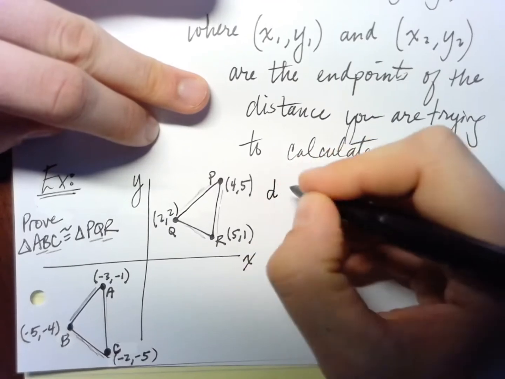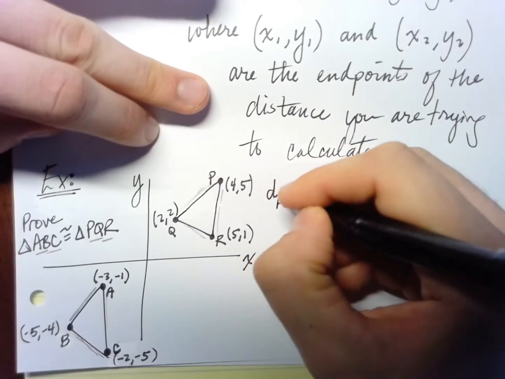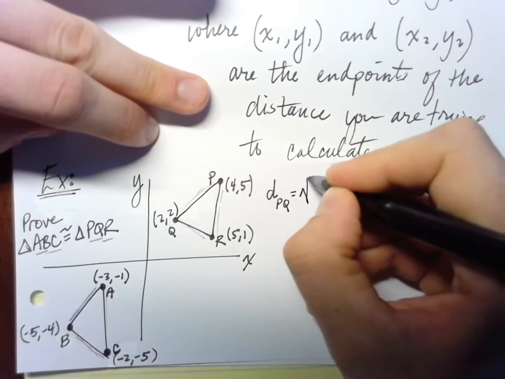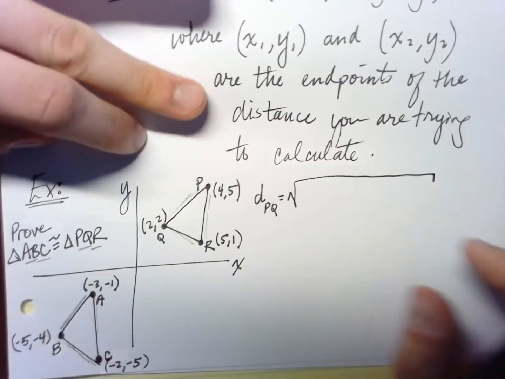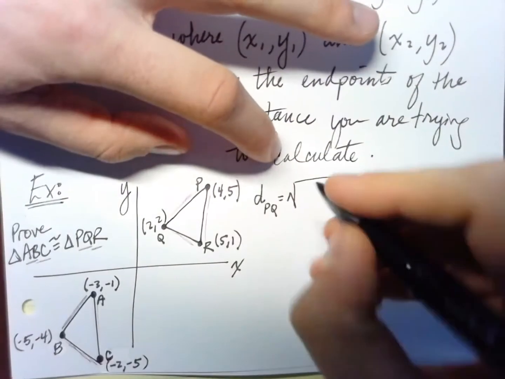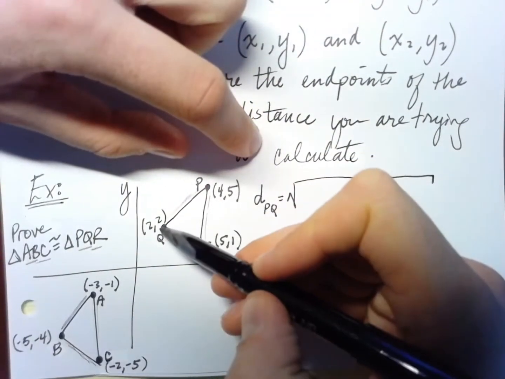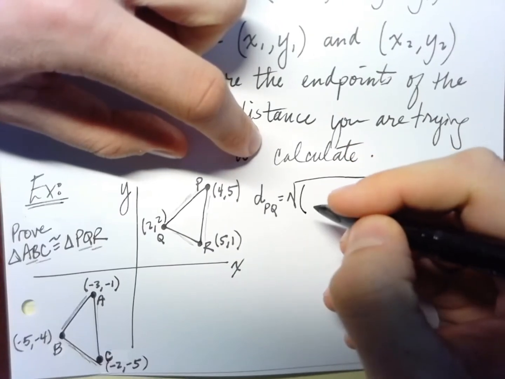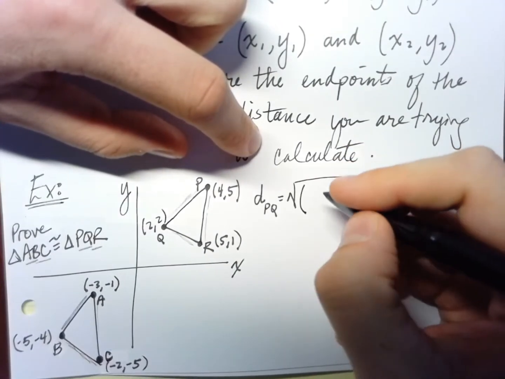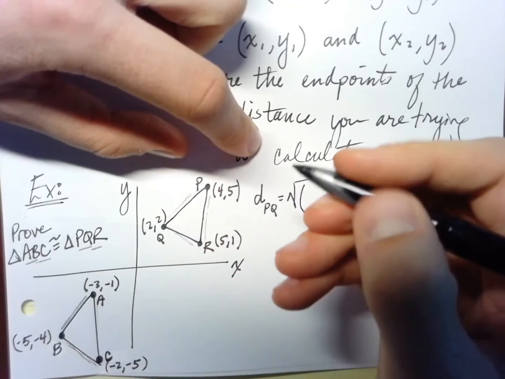So the distance between P and Q is going to be, okay, so we're looking at, if this is x2 and this is x1, the difference in the x's. So I'm going to work backwards here.